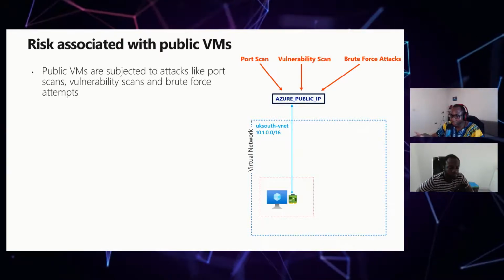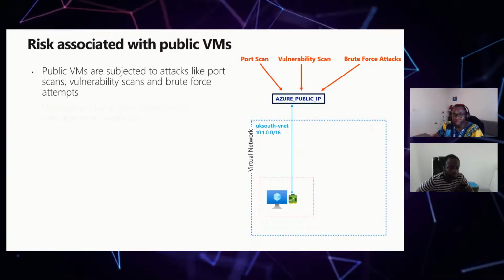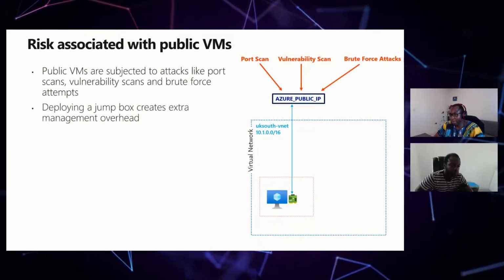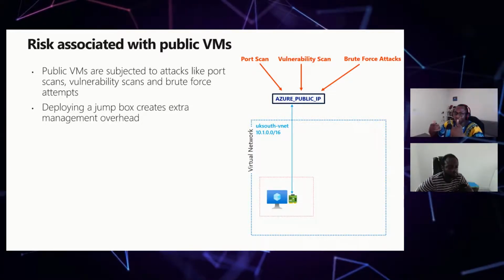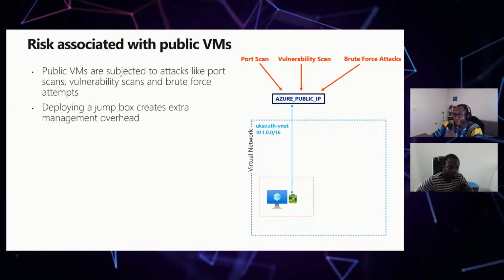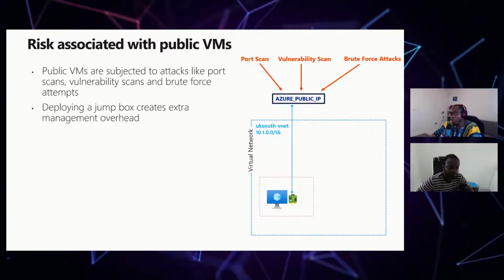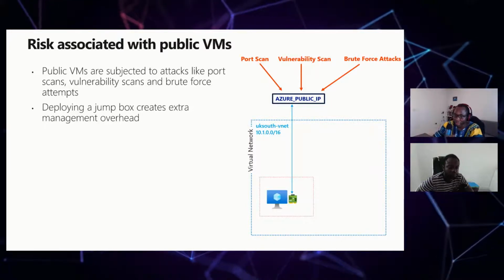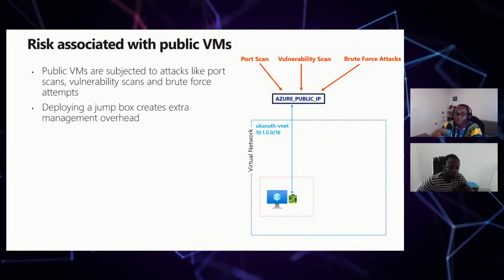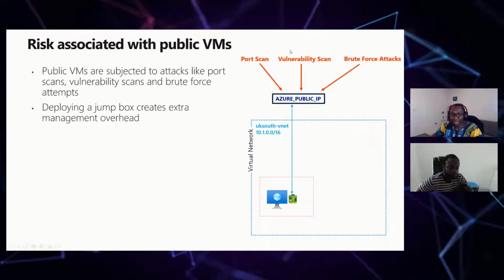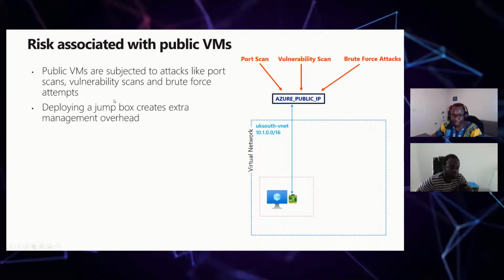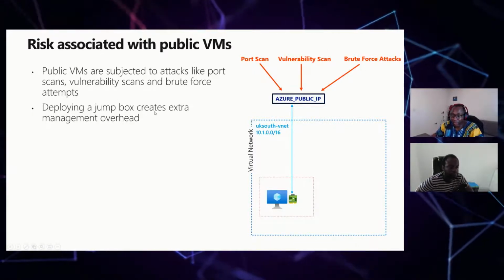Now, how do we solve this problem in the context of Azure? You have a virtual machine in Azure. You want to be able to connect to it to manage it, maybe over RDP if you're using Windows, or over SSH if you're using Linux. But how do you do that securely while mitigating these risks? You can create a jump box, for example.